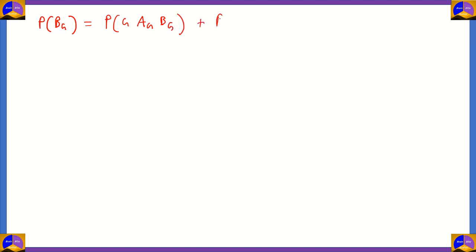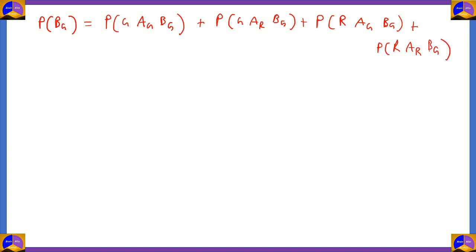And then there is another probability that green is sent, A gets a red, B gets a green, because there is a double error here. And then P of red signal sent, A gets a green, B gets a green, so A received it incorrectly. And then finally, you have the probability of red being sent, A receiving the signal correctly, but B receiving the signal incorrectly. So these are the probabilities for station B receiving a green signal.